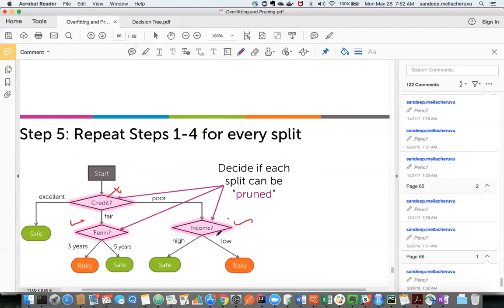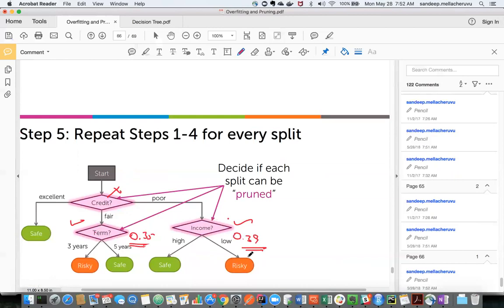Now, which of these two can be pruned? Whichever branch is giving the best cost is going to be pruned. For example, if you prune this one and I got a cost of 0.39, and if I prune this one and I got an overall cost of 0.35, which one should I prune? Whichever is getting the least cost. If I prune term, I am getting a better cost compared to this one.